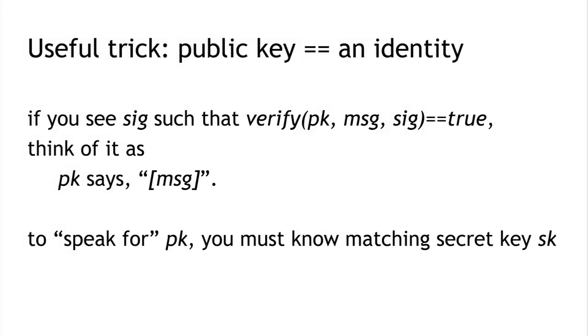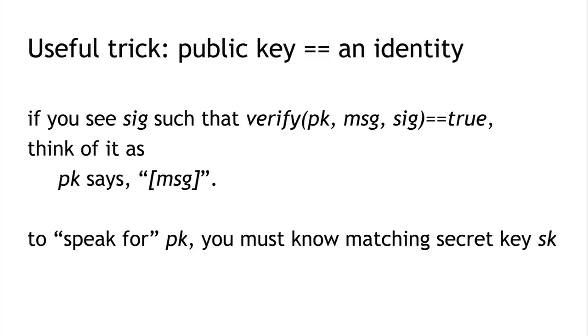And the useful trick is this. The idea is to take a public key, one of those public verification keys from a digital signature scheme, and equate that to an identity, that is, an identity of a person or an actor in a system. So if you see a signature that verifies correctly with someone's public key as a signature on a particular message, then you can think of that as that public key saying the message.